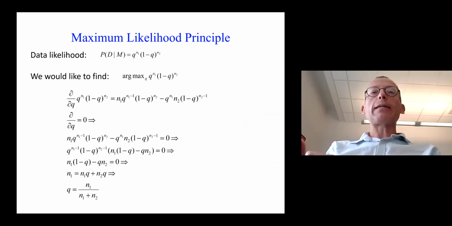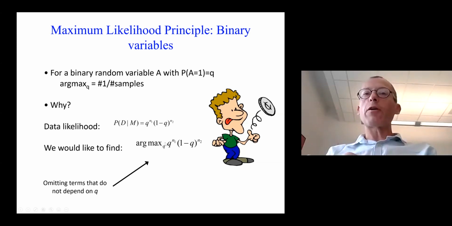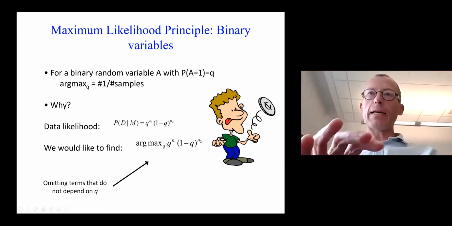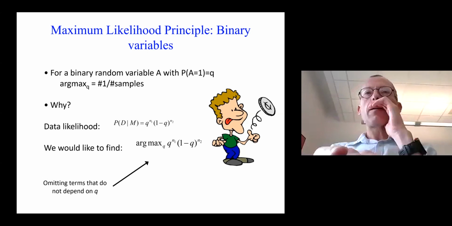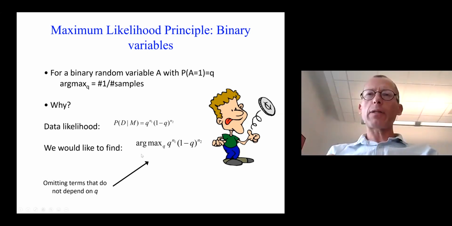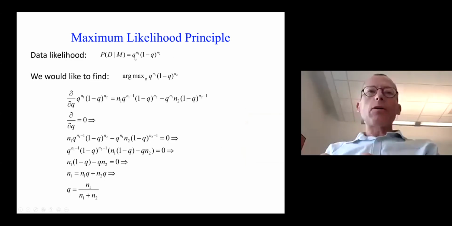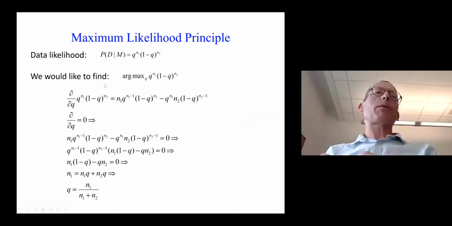If you're using the full binomial distribution, you also have N1 plus N2 choose N1, but this doesn't depend on Q, so we don't really need it for the argmax. So this is the data likelihood, Q^N1 times (1 minus Q)^N2. If we take the derivative with respect to Q, then we need to do some steps.